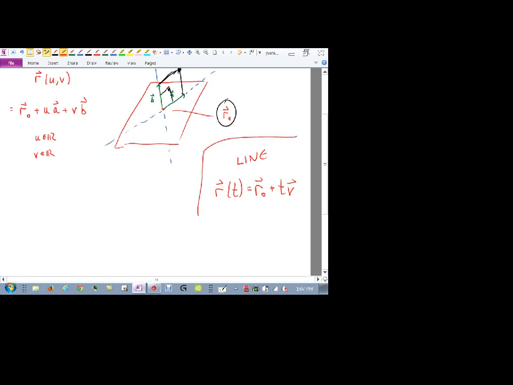Agreed? We did that way back when. All we've done is replaced my v with A, and replaced my t with u. So if we ignore this part right here, that's a line. And then this v b gives me the other line, and when you add them together and take all combinations, you get the plane. I hope that makes sense.